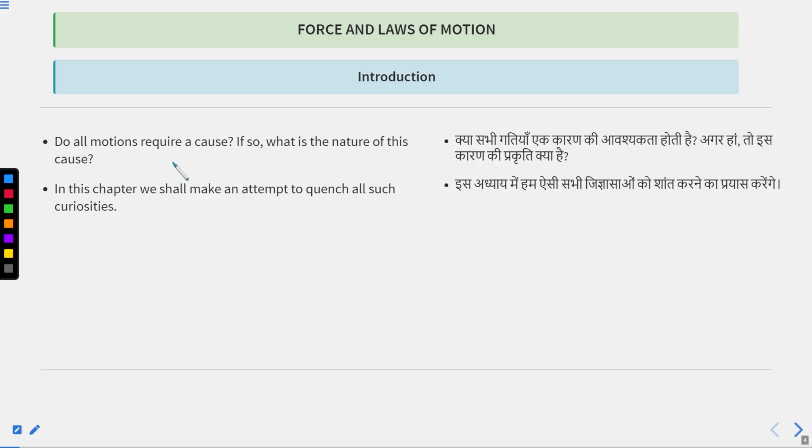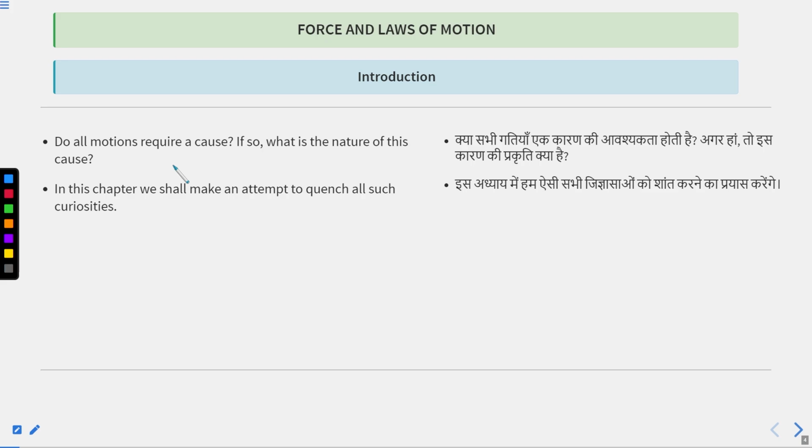So, does motion require a cause? Okay, this object is at rest. It will continue to stay here in the rest position. If I want this object to move, I have to provide it a force, so that this object will move.